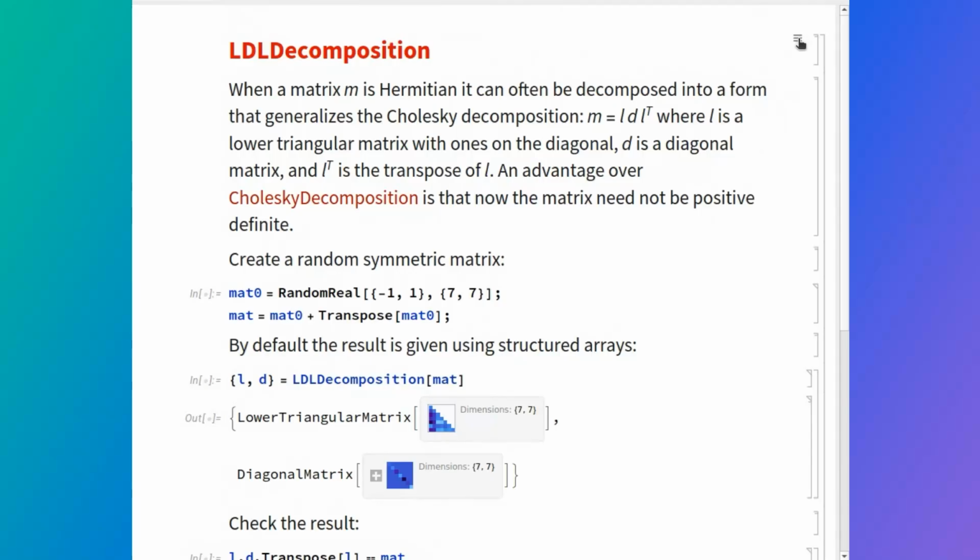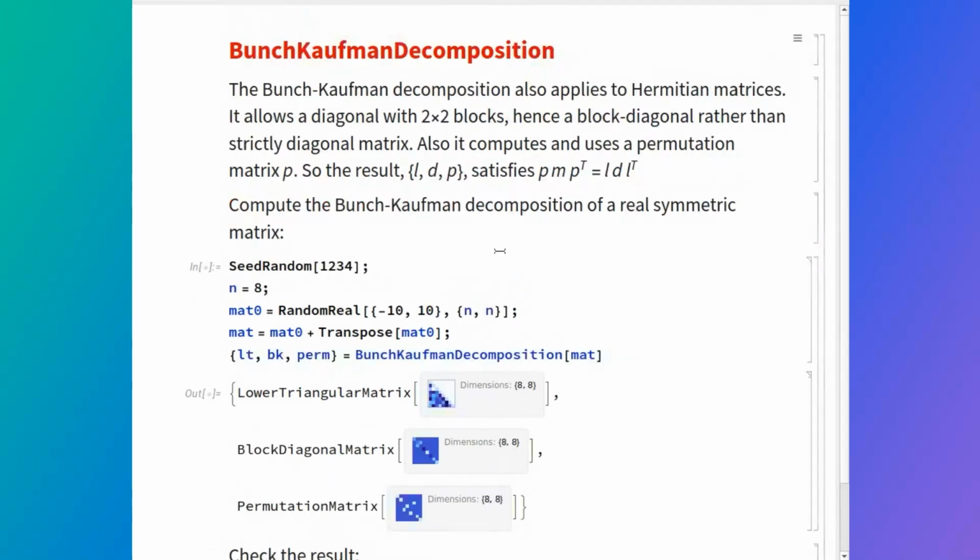Now, a drawback to the LDL decomposition is that you're not allowed to pivot, as best I understand, or at least I don't know how to do it with pivoting.